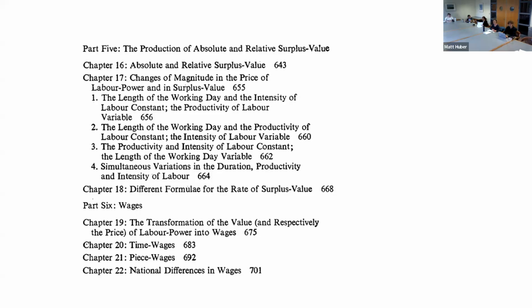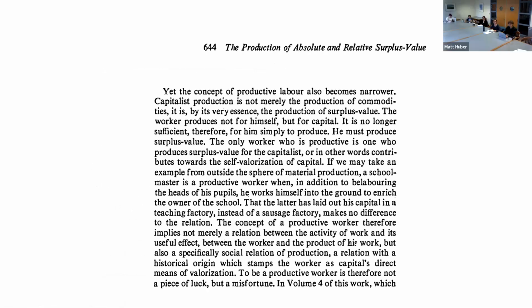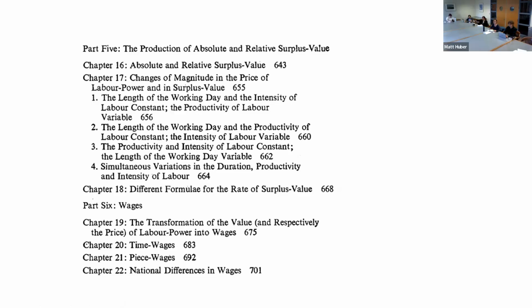Now, I still don't really understand, but Marx starts off chapter 16 with a kind of tangent, I would consider, in which he says, you know, in the chapter on the labor process, which, by the way, I should have just put the image here, on page 643, on that first page of chapter 16.